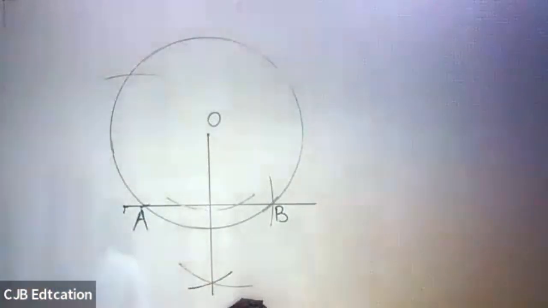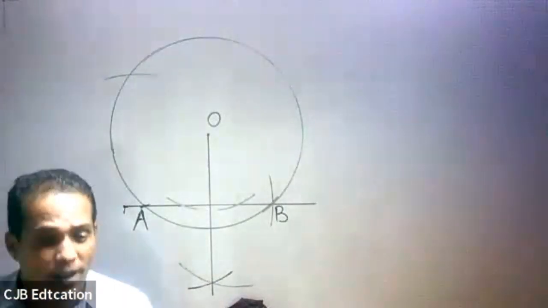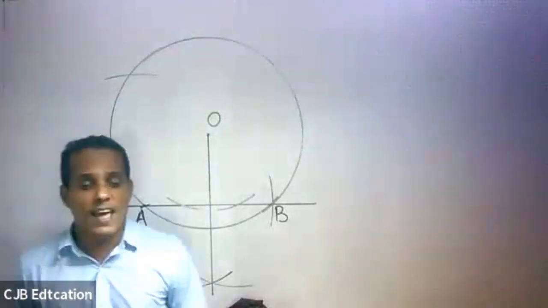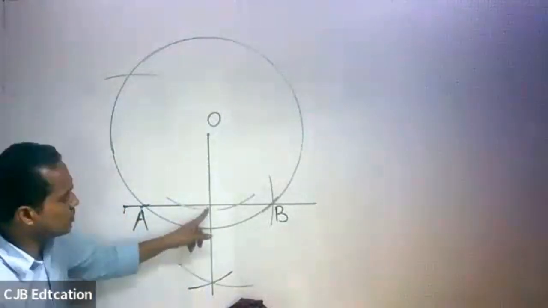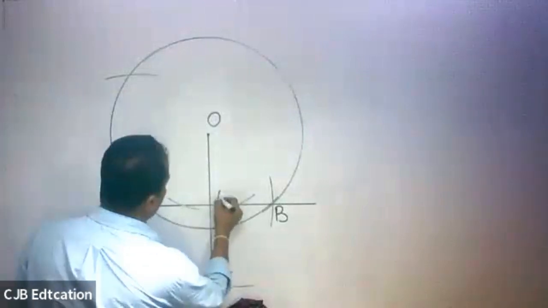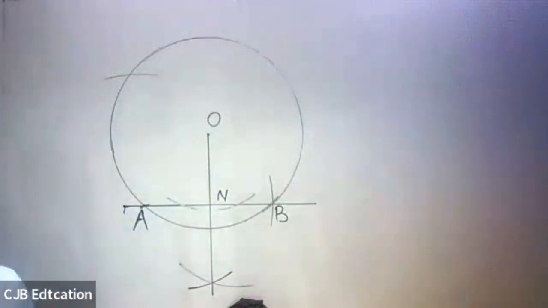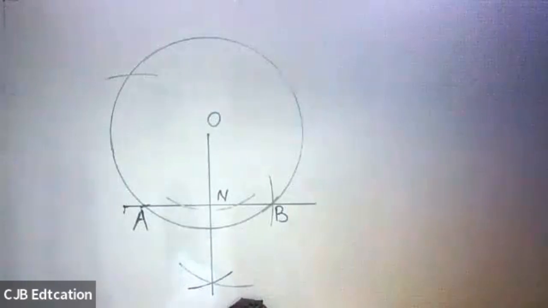Then we have to name the point at which it meets AB as N. We should name this point as N. Yes, sir. Right. And the last question given, measure and write the length of AN and BN.